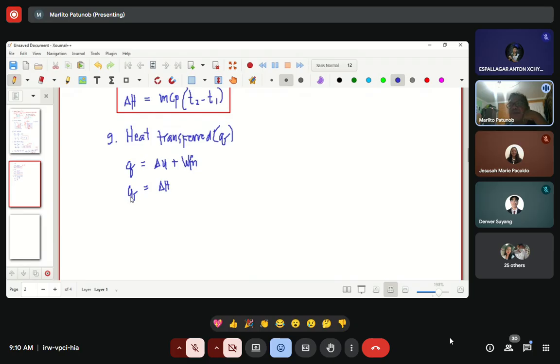So your Q is just equal to m Cp (T2 minus T1).